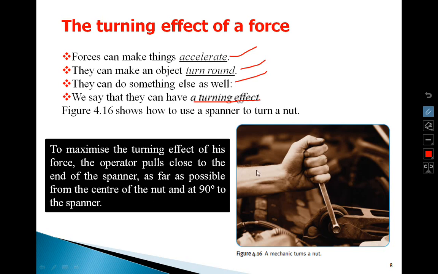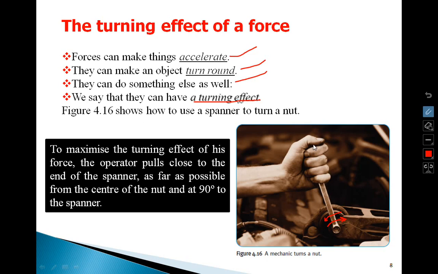So what's a turning effect? As we can see in this figure, we need to maximize the turning effect of a force. For example, here a mechanic is trying to turn the nut, to close it this way or open it, same.